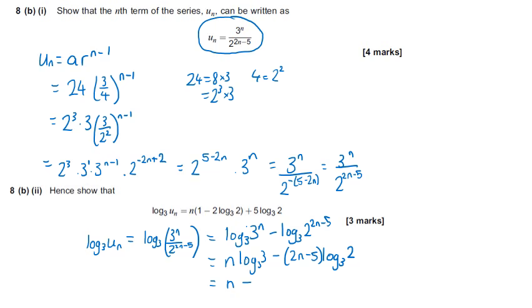And then if we expand the bracket, we've got minus 2n times log base 3 of 2. And then minus 5, so that's plus 5 log base 3 of 2. And then all that we have to do in the last step is just factorize the n in those first two terms. Take that out as a factor. And then we've got what we needed.